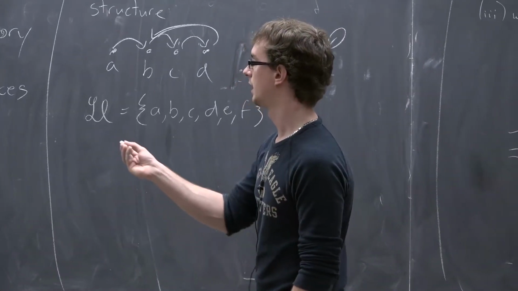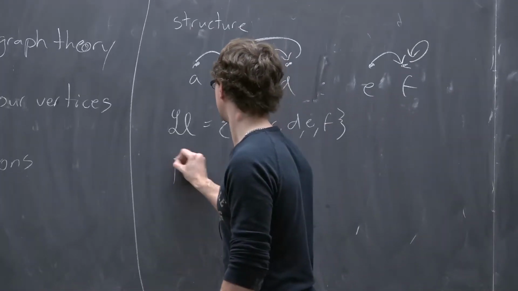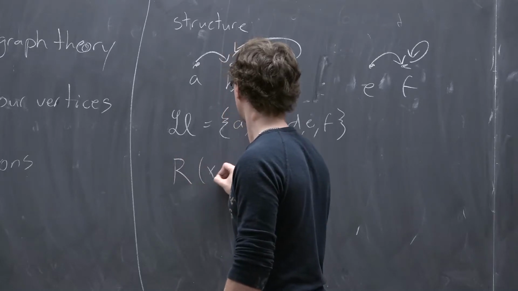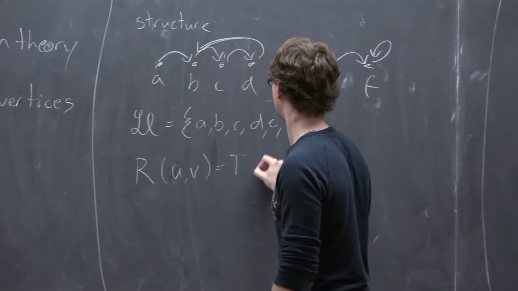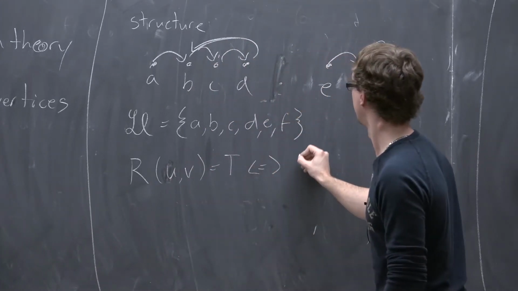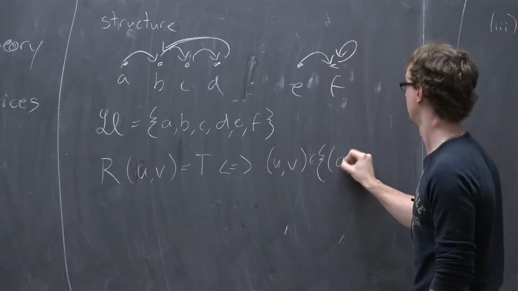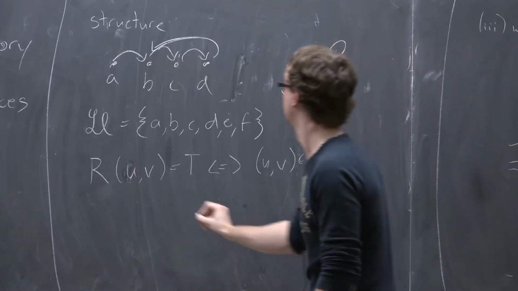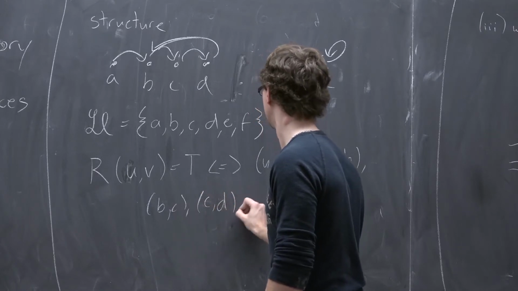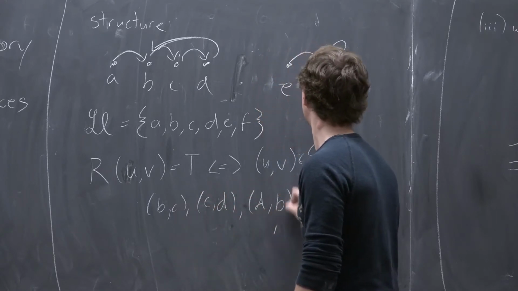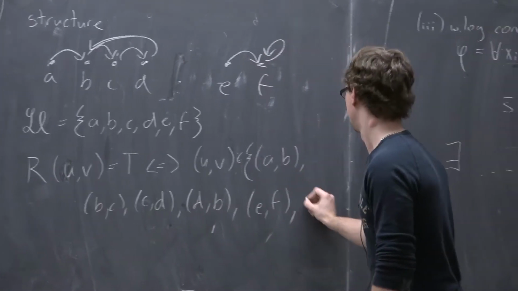Then what we're going to do is encode the edges in R. So we're going to say that R of UV is going to be true if and only if UV is in AB, BC, CD, DB, EF, and FF.